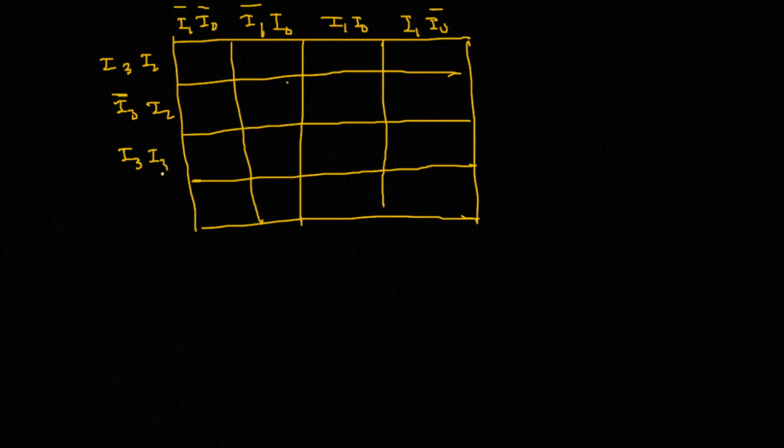Let's make the KMAP where you have I0, I1, I2 and I3. I1, I0. I3, I2.